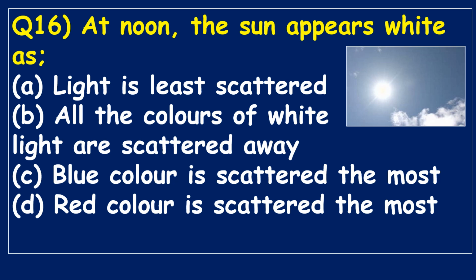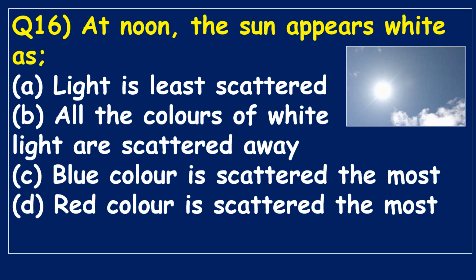See, my dear children, here during afternoon time, we see sun appears white. This is the reason: the distance between earth and sun decreases during afternoon. But during morning and evening time, the distance between sun and earth increases.